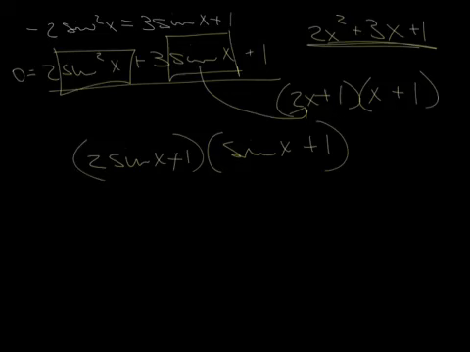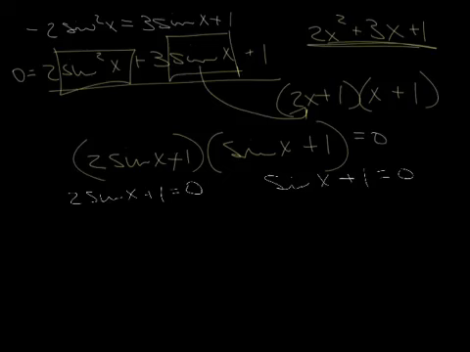But this way, I can get an answer like that and then rewrite it as equal to 0, which means that one of these parentheses is going to have to equal 0, so when I multiply it by the other one, I get 0. So either 2 sine of x plus 1 equals 0, or sine of x plus 1 equals 0.